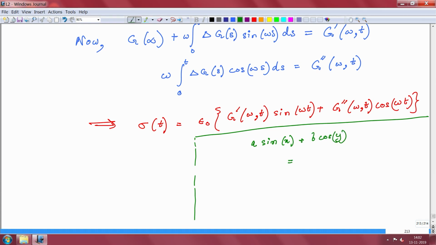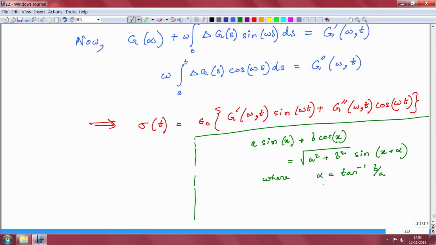You can show that this quantity can be written as root over of a square plus b square into sine of x plus alpha, where alpha is equal to tan inverse of b by a.